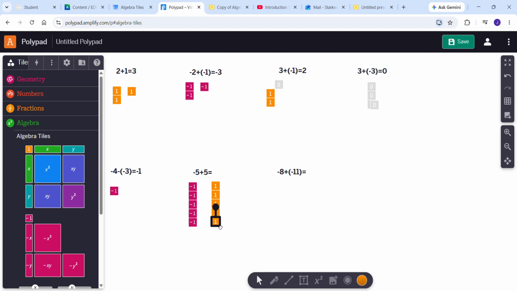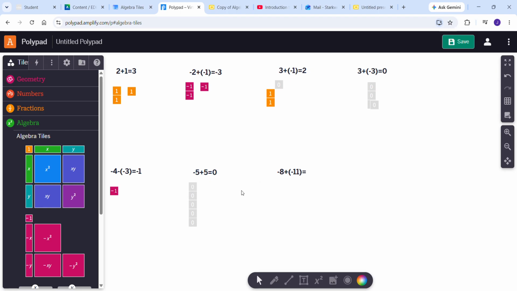Well, if you look at this, we're going to get a lot of help here from our 0 pairs. So we go like this, 0, 0. This one and this one's a 0 pair. This one and that one's a 0 pair, and then this one and this one are 0 pairs. We are left with no tiles, so our answer is 0.